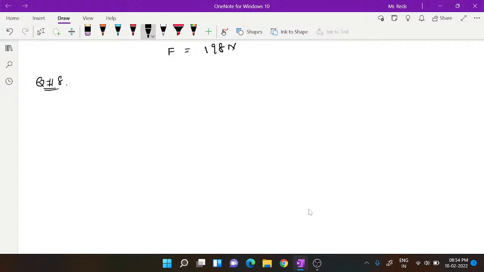A particle having a charge of 2 into 10 power minus 6 coulomb and mass of 100 gram is placed at the bottom of a smooth inclined plane of inclination 30 degrees.